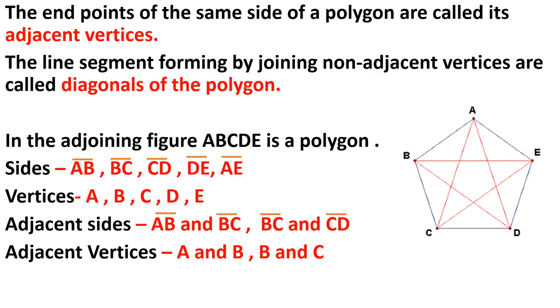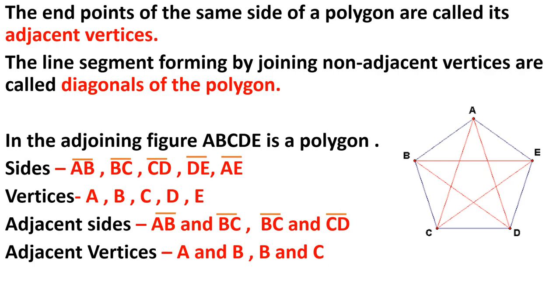Adjacent sides, I have told you, are साथ वाली sides. There are many; I have given only 2 examples. Now see AB and BC. These are adjacent sides, or we can say one pair of adjacent sides. AB is adjacent to BC. Why is AB adjacent to BC? Because in AB and BC, vertex B is common.